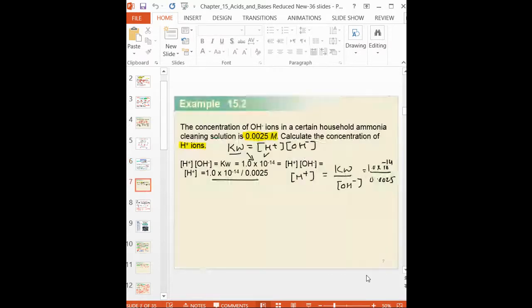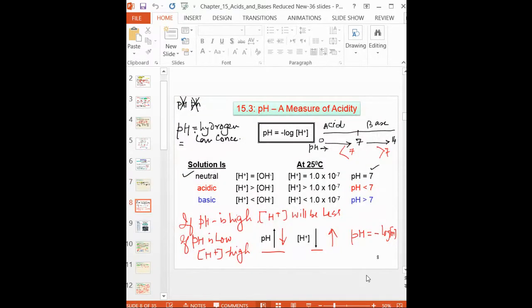And pH is equal to negative log of the hydrogen ion concentration. So you can calculate, right? This is the formula we already used in this example. If you know the Kw value and OH is given, you can calculate the hydrogen ion concentration. If pH is 0, that is acidic, pH 7 is neutral, and pH 14 is basic.